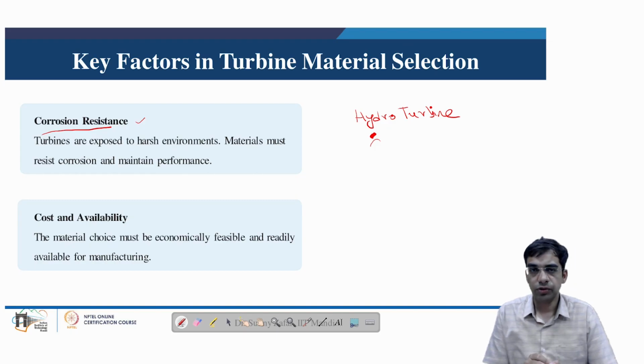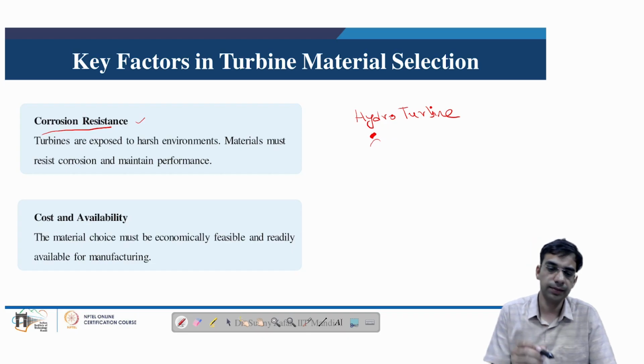Another important criterion is cost and availability of materials. Material choice must be economically feasible and must be readily available for manufacturing. We should not have a material which is very scarcely available or is very costly to arrange, because then the manufacturing cost will increase drastically, as we have understood that in any product it is the cost of the raw material that decides the cost of manufacturing to a very large extent.